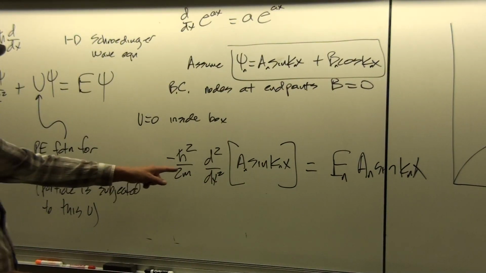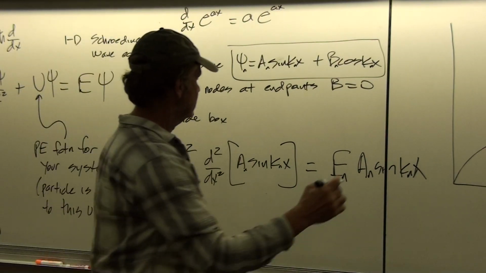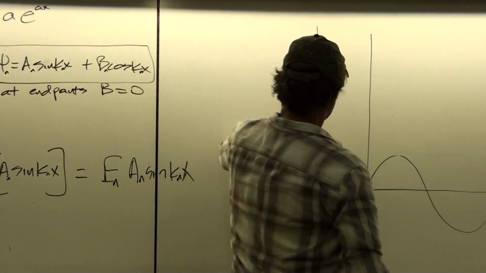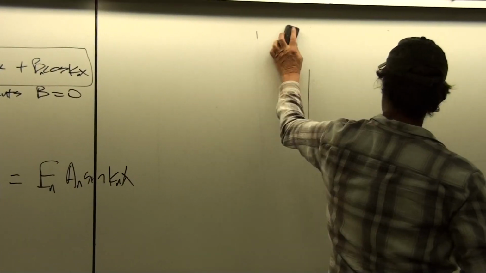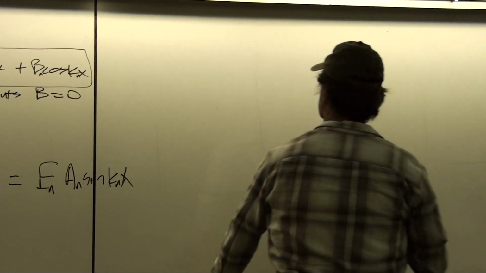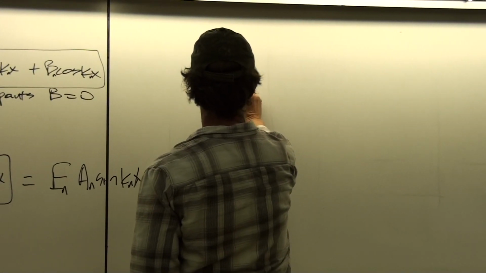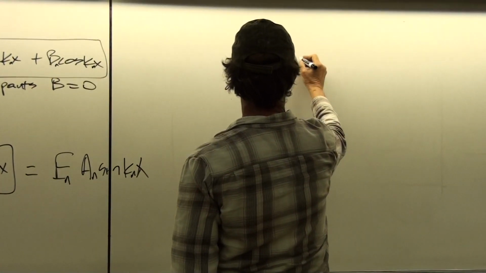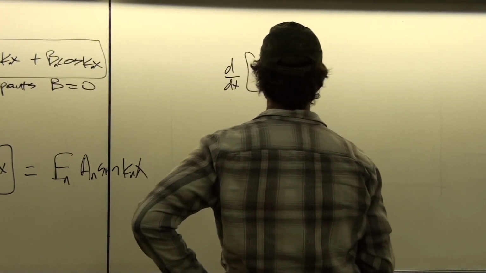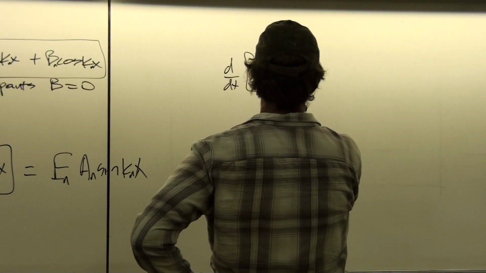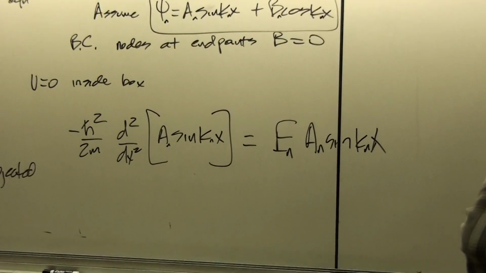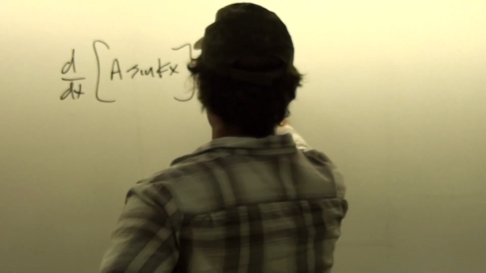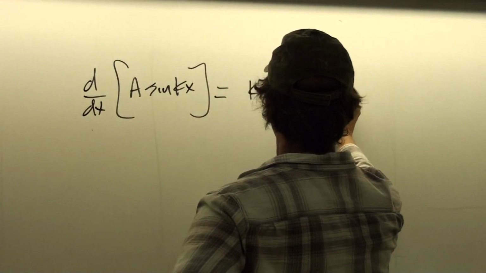Okay, so if I take two derivatives of this, what this is going to be equal to then is, well, the first derivative, the derivative of sine is cosine, so it's just going to be k A times the cosine of kx.